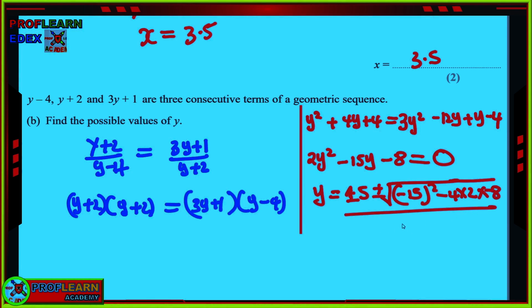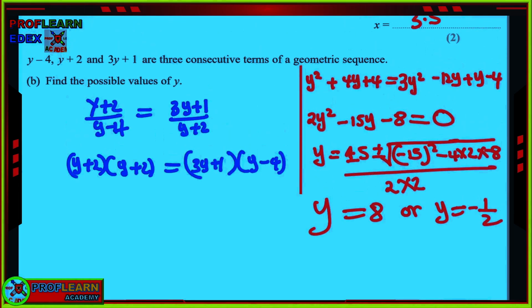So dividing everything by 2 times 2, I've just used the quadratic formula here. If you put this in your calculator, you're going to get y equals 8, or y is equal to negative 1 over 2.